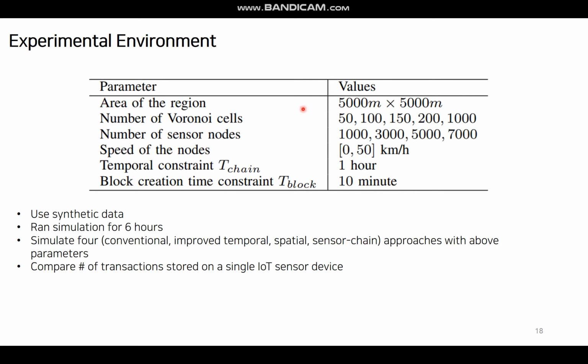The area of the region is 5 kilometers times 5 kilometers, and the number of cells varies from 50 to 1000, and also the number of sensor nodes changes from 1000 to 7000, and the speed of the nodes is randomly distributed from 0 to 50 km per hour, and the temporal constraint of the blockchain is 1 hour, and the block creation time constraint is 10 minutes.